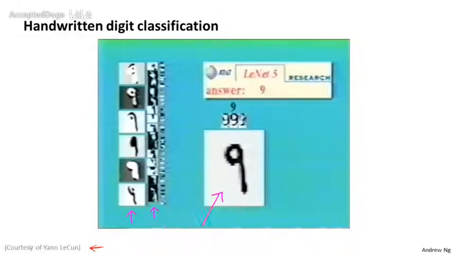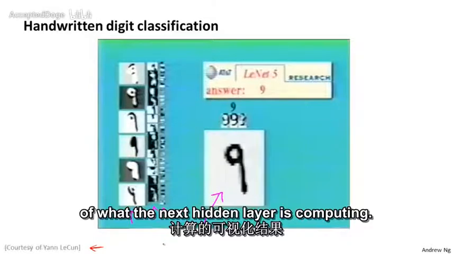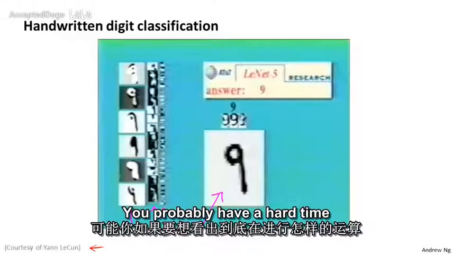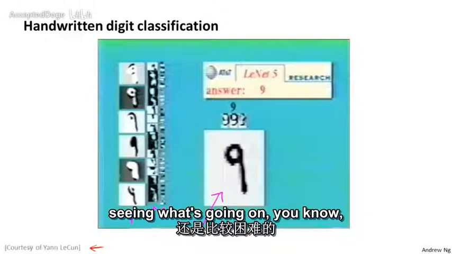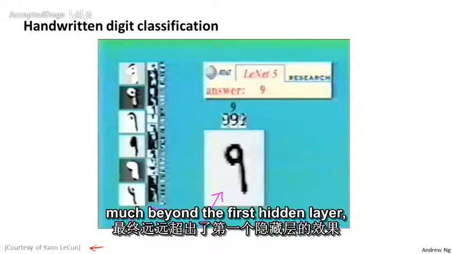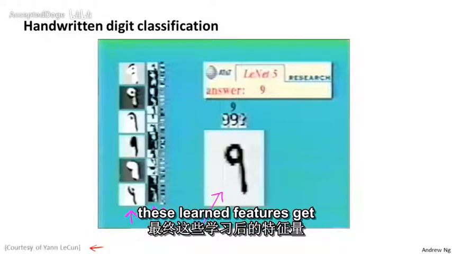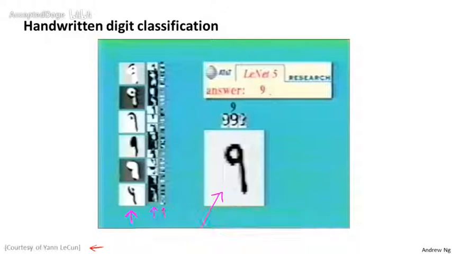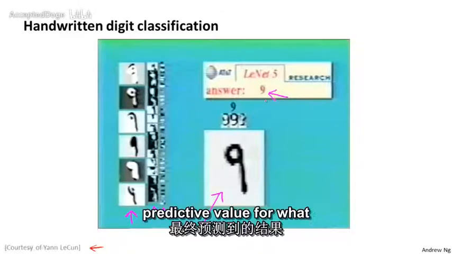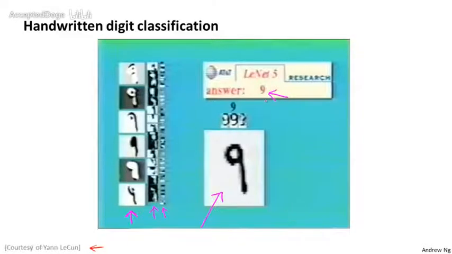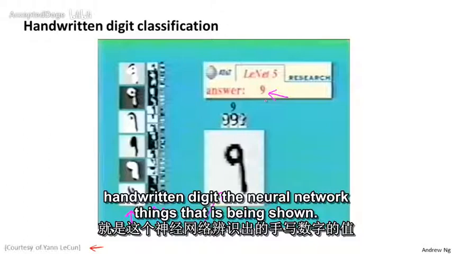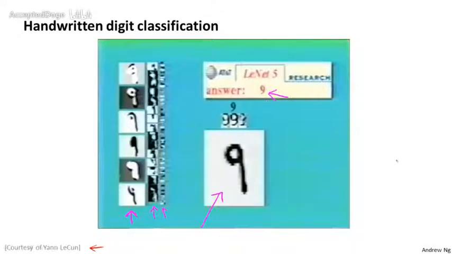It's kind of hard to understand the deeper hidden layers, and that's a visualization of what the next hidden layer is computing. You probably have a hard time seeing what's going on much beyond the first hidden layer. But then finally, all of these learned features get fed to the output layer, and shown over here is the final predicted value for what handwritten digit the neural network thinks is being shown. So let's take a look at the video.